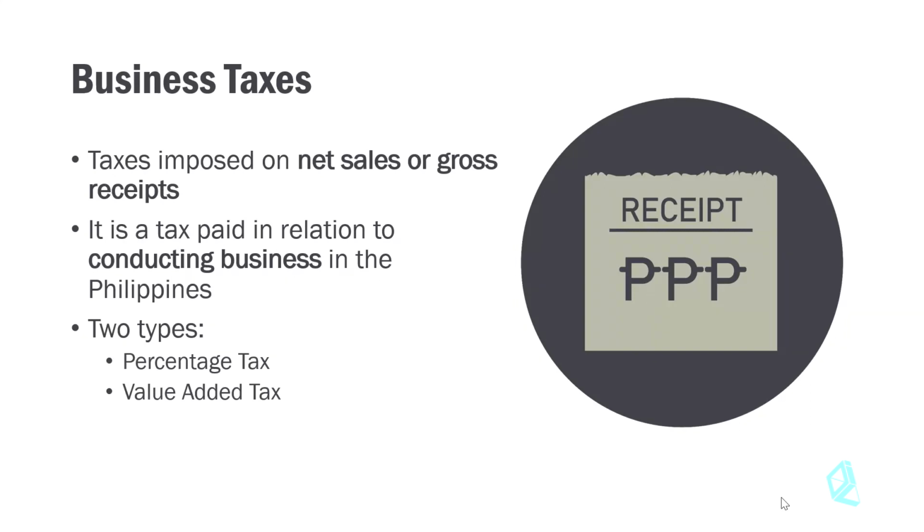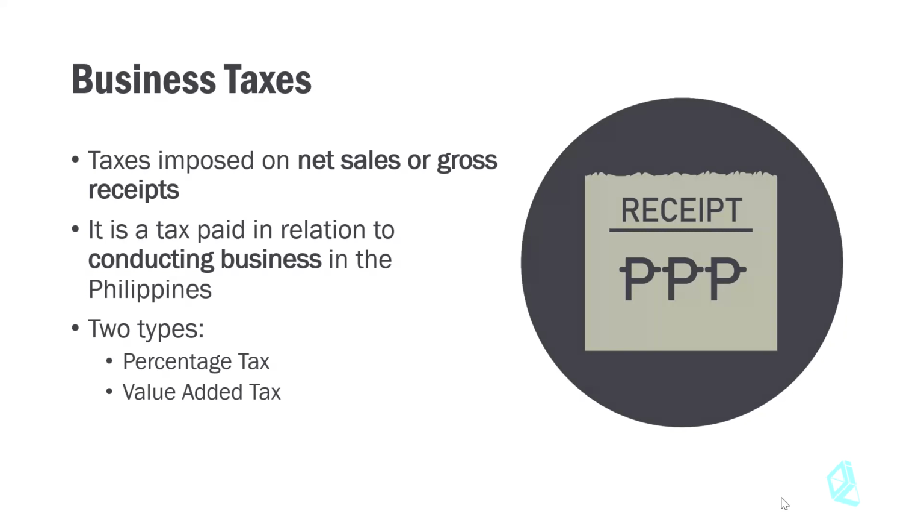These two features of business taxes distinguish it from income taxes because first, business taxes are imposed on net sales or gross receipts. And in later videos, you will see that the basis for income taxes would be different.